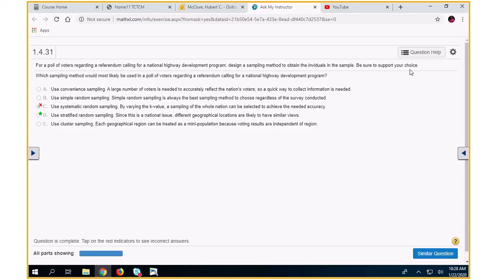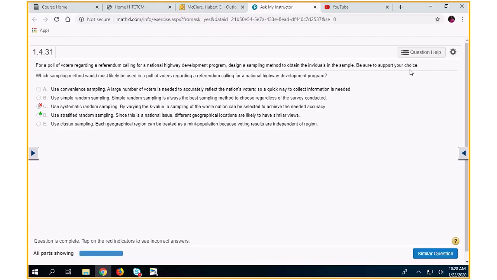Now, it says use stratified random sampling since this is a national issue. Why? Because our country is divided up into several regions: north, south, east, west, northwest, northeast, southeast, southwest, whatever. Do people think differently around the U.S.? Yes. In Boston, how do you say the word C-A-R?